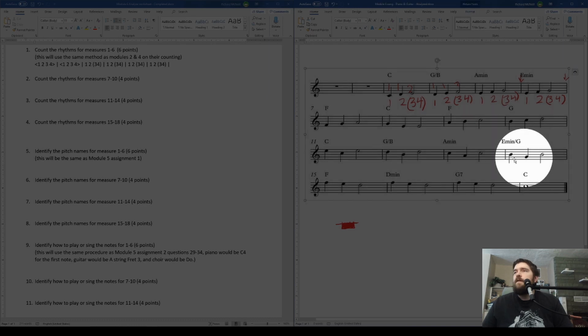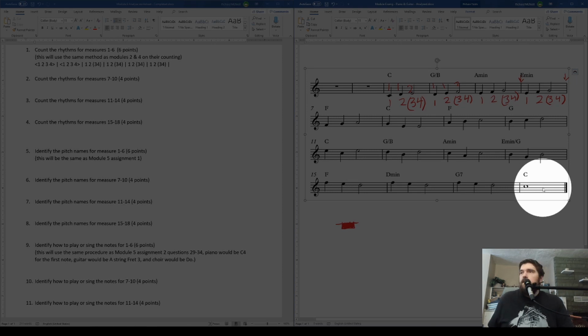Measures 11 through 14 are pretty much the same as before, and then measures 15 through 18. Now you need to watch out on measure 18. We do have another sort of rhythm, and let me help you out with that one. This one gets 4 beats. Just like a whole rest gets 4 beats, the whole note gets 4 beats.